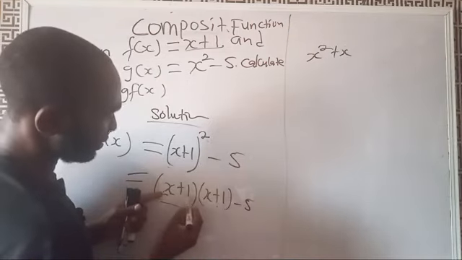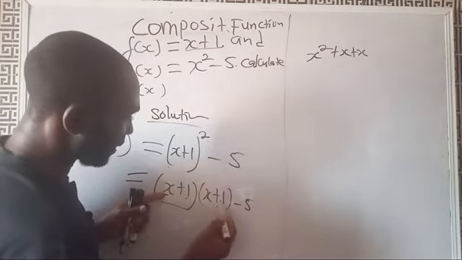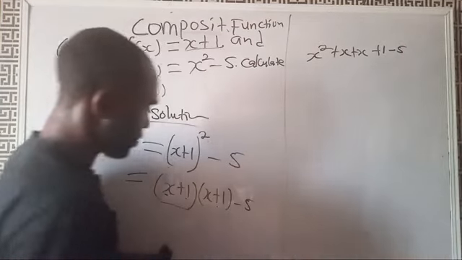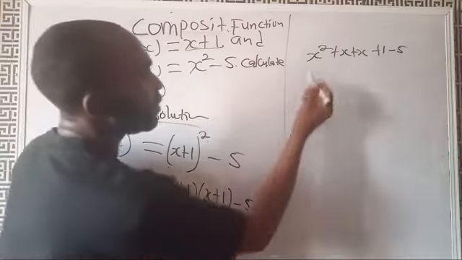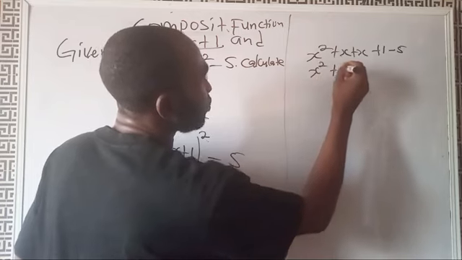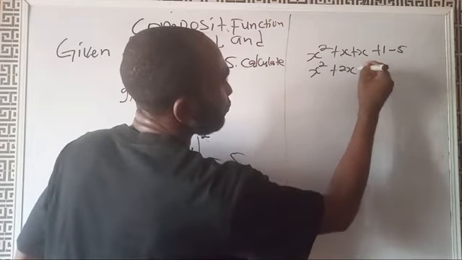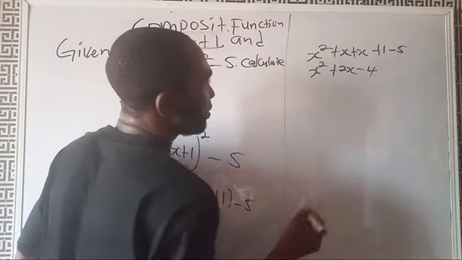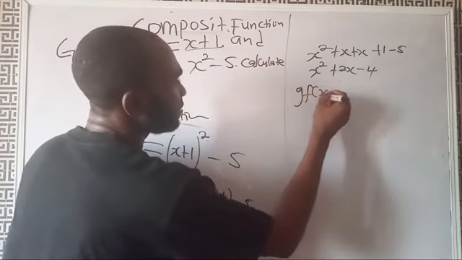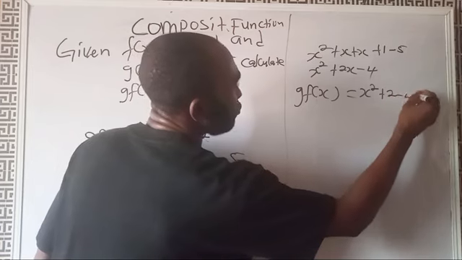We're done with x. Then 1 times x still gives x. Then 1 times 1 is 1, minus 5. Here x plus x is 2x, so we have x squared plus 2x. Then 1 minus 5 gives minus 4. So now g of f of x is equal to x squared plus 2x minus 4.